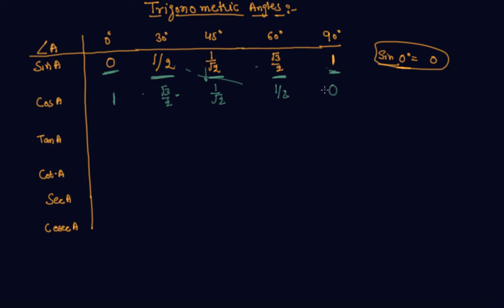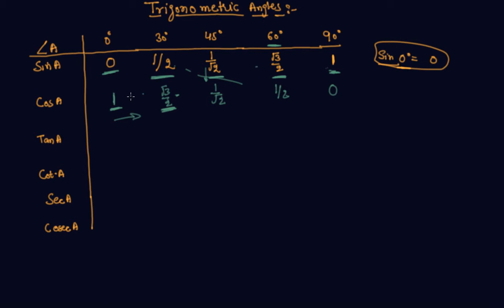As you can see, the relation between sine and cos is reversed: where the value of sine 90 is 1, the value of cos 0 is the same, and where the value of sine 60 is root 3 by 2, the same value is for cos 30. The value keeps on decreasing here for the cos function.